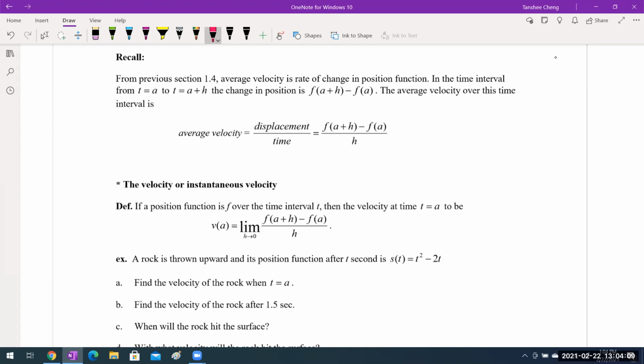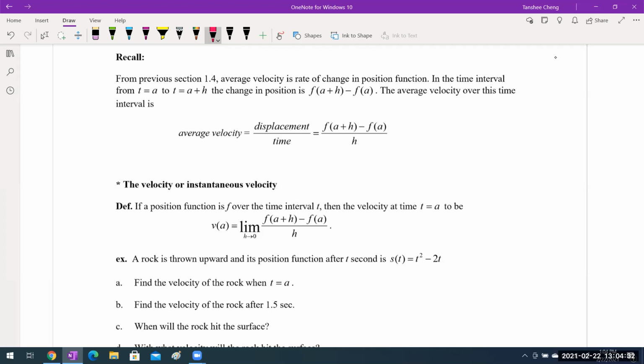So average velocity, we know, is displacement divided by the time, which is equivalently interpreted as the slope of the secant line in 1.4, which is f of a plus h minus f of a divided by h.